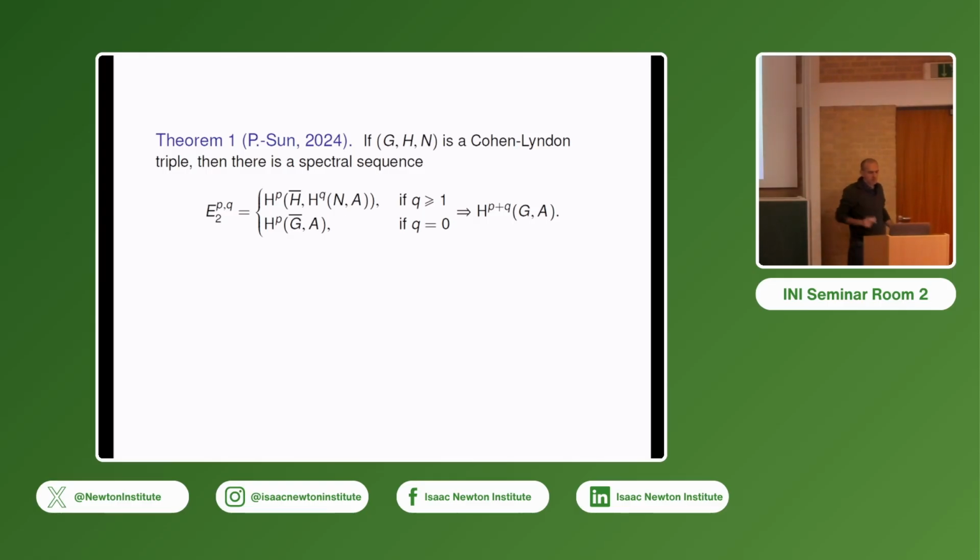And that allows us to make some conclusions. One of them is what we call algebraic excision. So there's an isomorphism between the relative cohomology of the pair G bar, H bar and the pair G, H, where A is a G bar module.